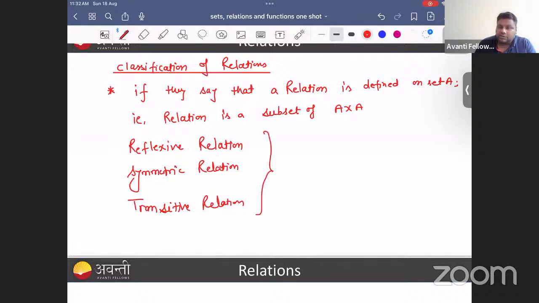And if a relation is all three of them, then we call it an equivalence relation. If a relation is a reflexive relation, symmetric relation, and transitive relation, it is an equivalence relation.